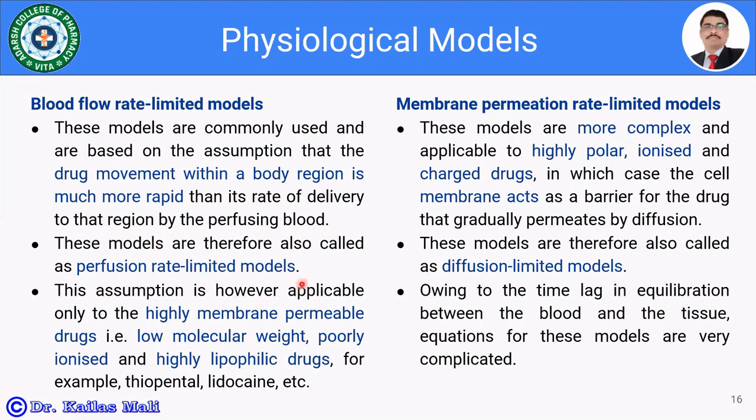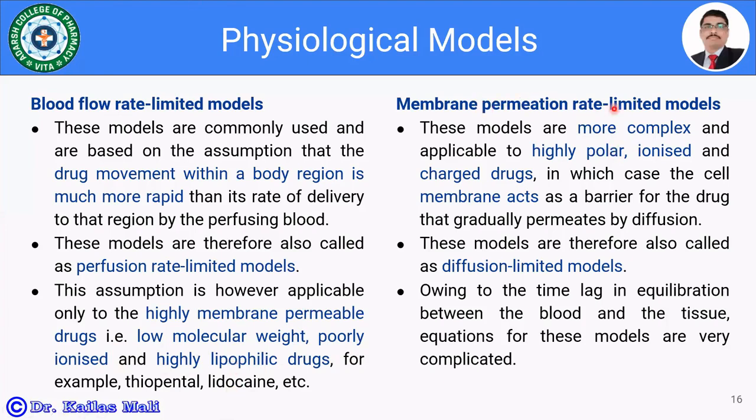This assumption is, however, applicable only to highly membrane permeable drugs. For example, drugs with physicochemical properties like low molecular weight, poorly ionized, that is, only the unionized fraction is available in a higher percentage, and highly lipophilic drugs, for example thiopental or lidocaine. So this is about the blood flow rate limited model.